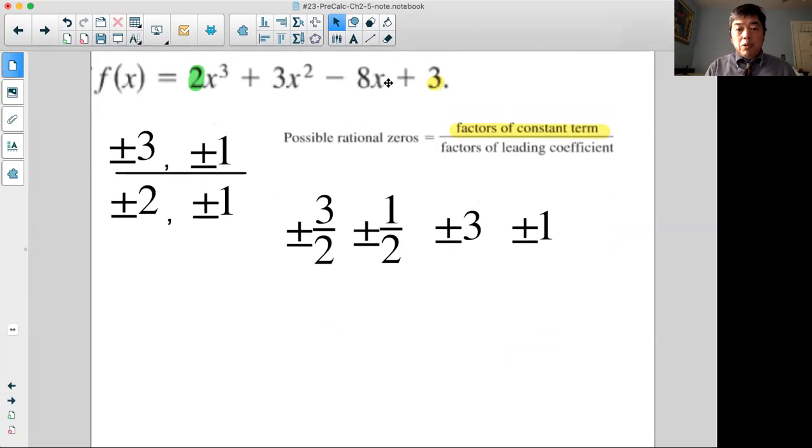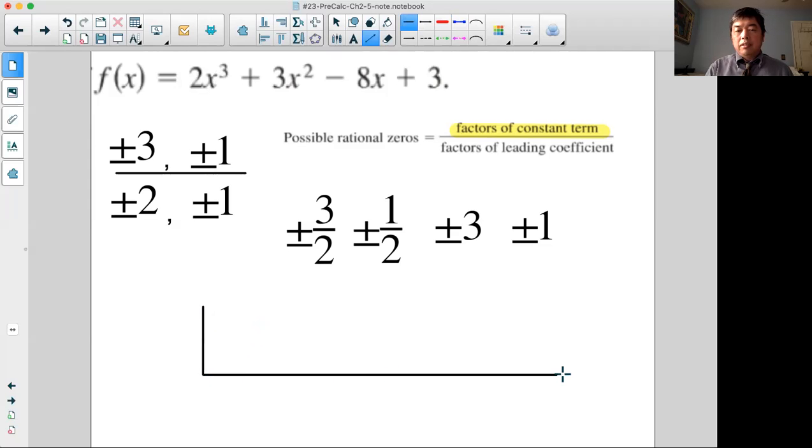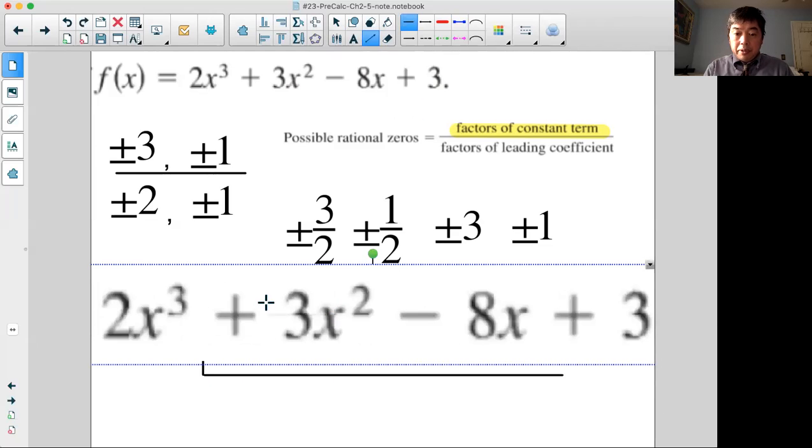Synthetic division. So remember synthetic division, we run through the coefficients here, right? So I write down this and maybe cut and paste this one. So the numbers come here.